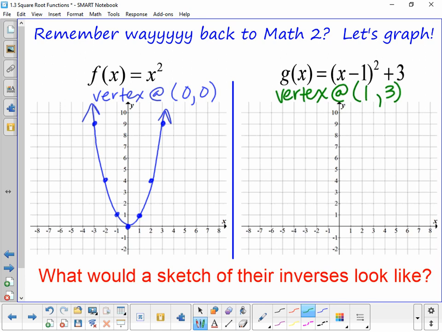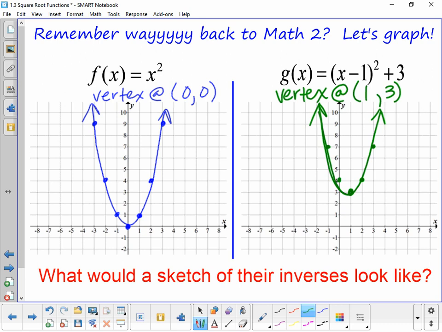So remember that in the horizontal direction, that x minus 1 changes to a 1. It goes to the right 1 and up 3. So the vertex is here. And if we use that same pattern, 1, 3, and the 5 goes off the graph, so we just will have these points. And, whoa, I kind of missed. Here's our parabola.